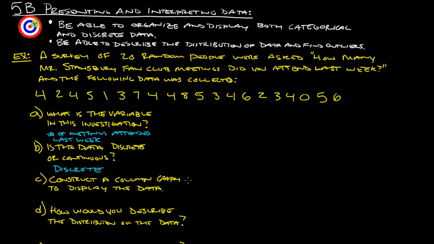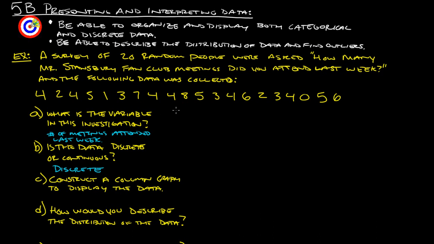Next, construct a column graph to display the data. By looking at this, I'm going to organize all this data first, and then display it. I'm just going to do what they did, a little tally with tally marks.